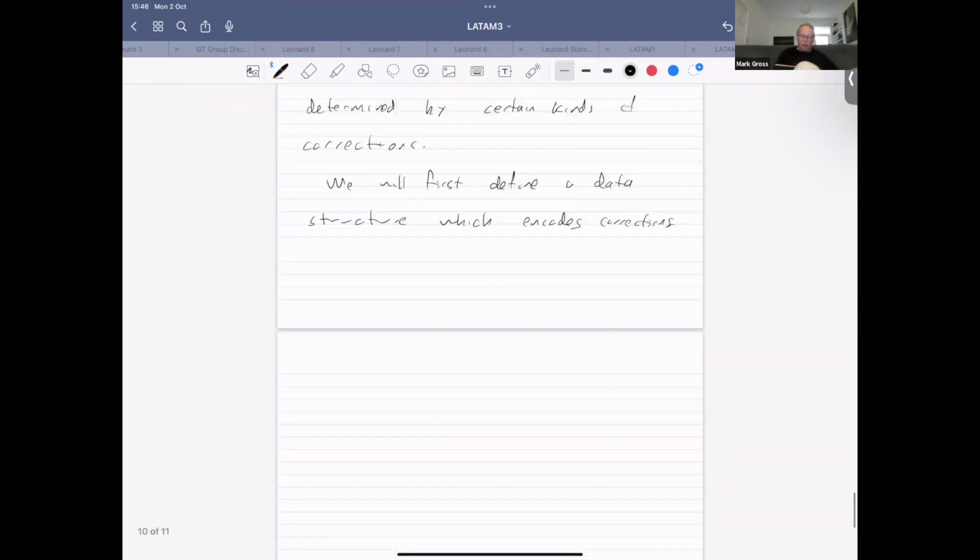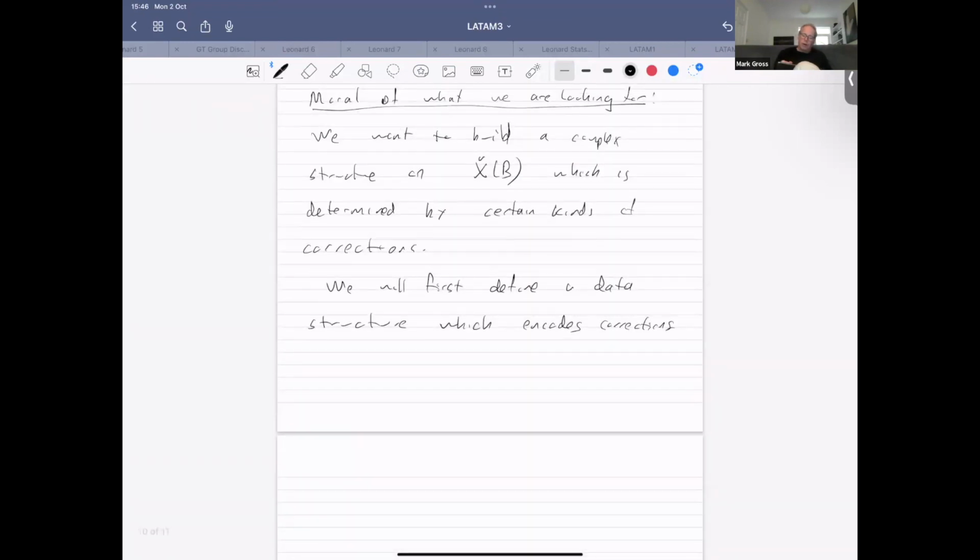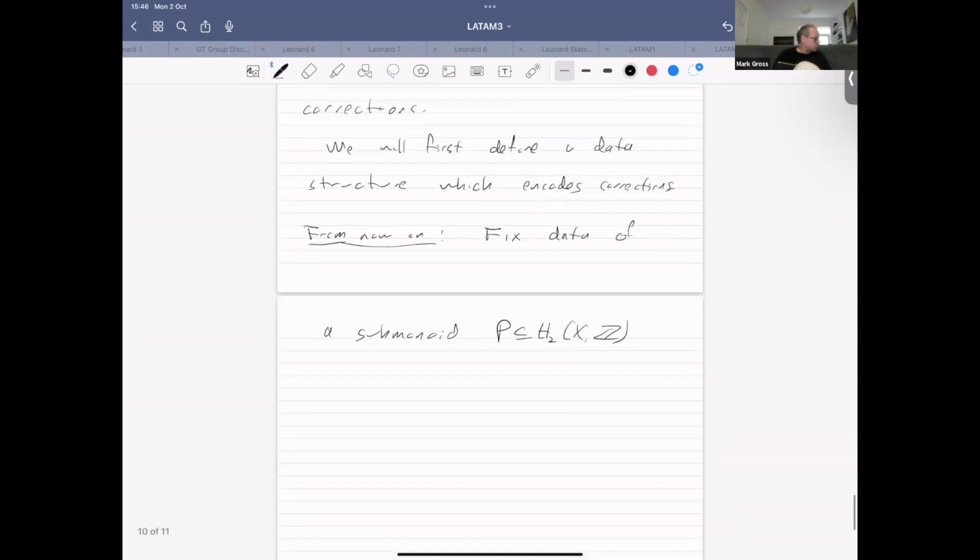So from now on, I want to fix some auxiliary data. Fixed data of a submonoid P contained in the second homology of X, satisfying the following properties.